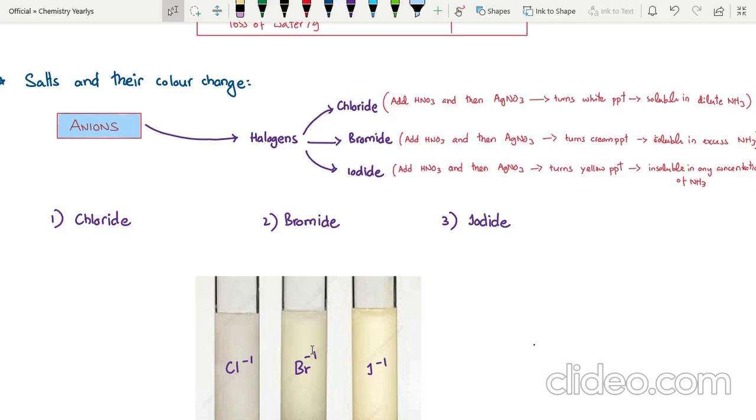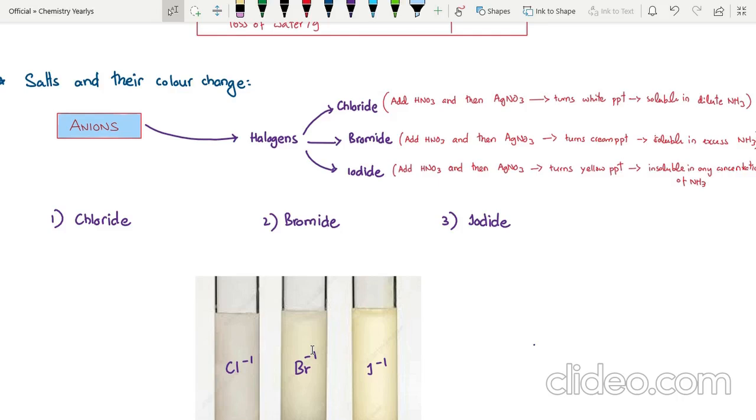In case they ask how we are going to test it to be sure what type of halogen ion is present: for chloride, we add aqueous ammonia, and the white precipitate dissolves in the ammonia.